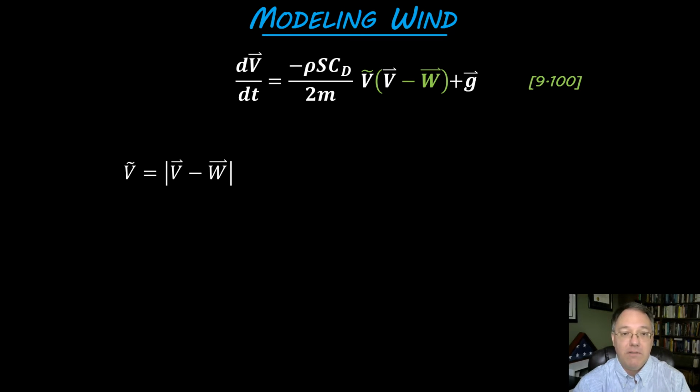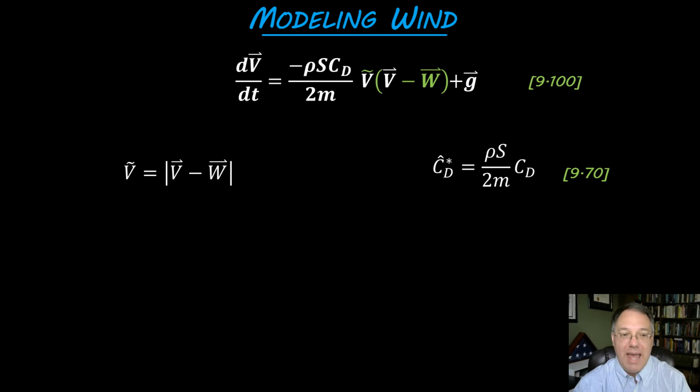This is because what we really care about with the aerodynamics is the velocity of the projectile relative to the air that it's in, and not relative to the ground, which is what V is. Then we're going to introduce this C hat starred sub D for a coefficient here. So we've got a little hat and a star on the coefficient.